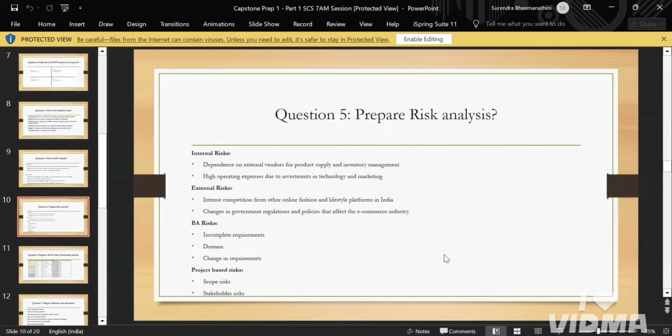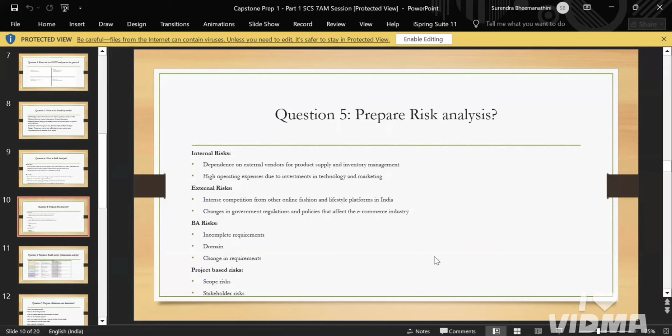Like that. And project-based risk is scope risk and the like. For example, if the project budget given is 1 crore, and you are not doing this project within the 1 crore, it will come under scope risk.